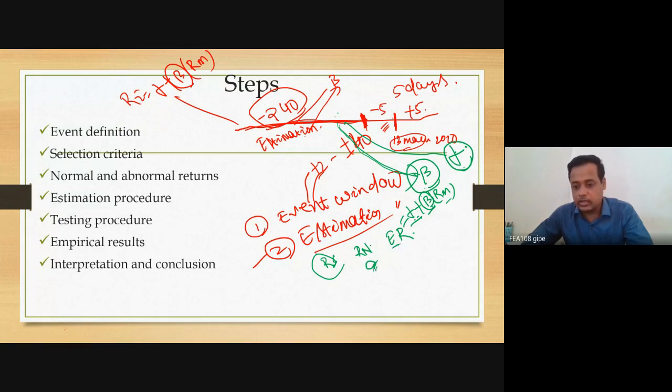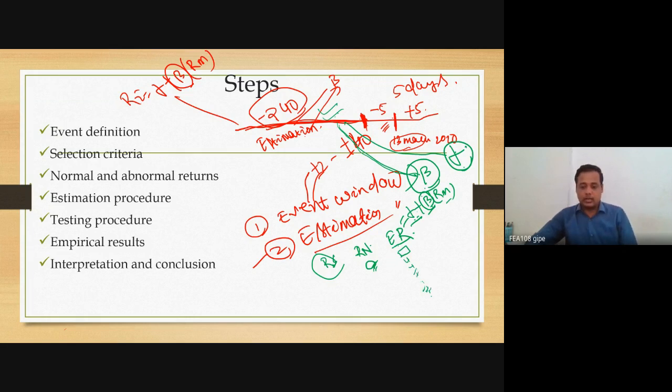Then you will come out with the expected return for that day. So for each day you will come out with an expected return like that. Previously the market behaved this way, or the beta value was this, so you are expecting that in the event period also the expected return will be this.